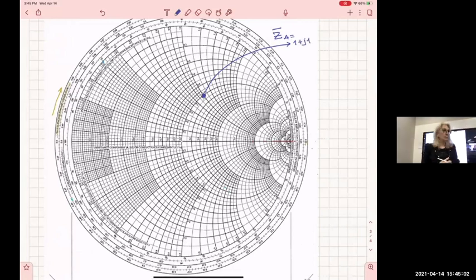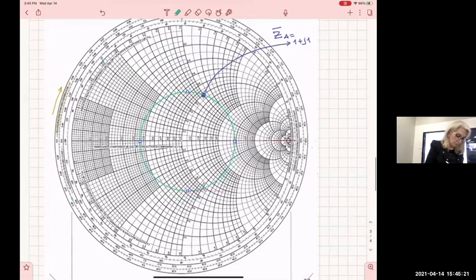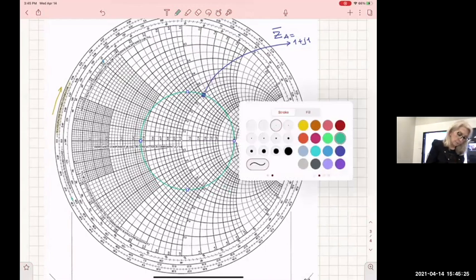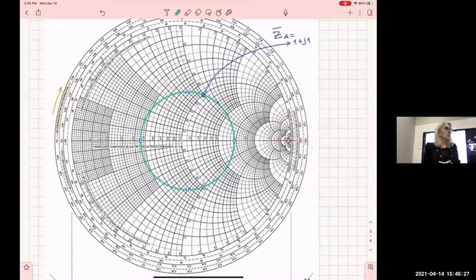It's random. Now, let's assume that that is a normalized load on a transmission line. As I said before, I'm gonna find the circle that goes through this point. Make it a little thicker, so we can see it.